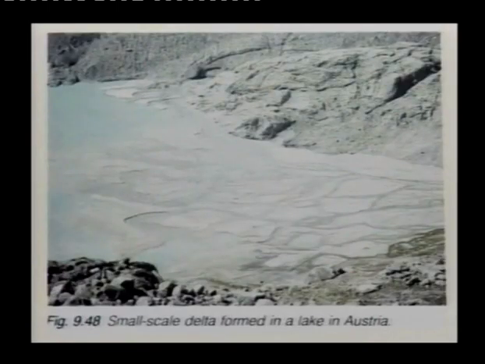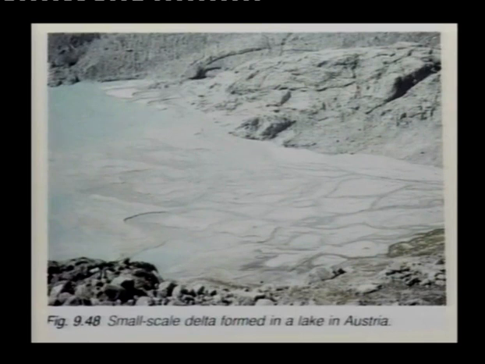We have a photograph showing the Landsat image of the Mississippi River Delta. So here is a bird's eye view of the Mississippi River Delta. Okay, we have another photograph giving us an example of a small-scale delta which is formed in a lake in Austria.